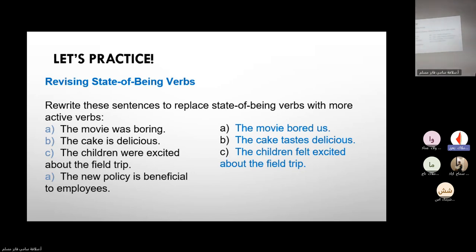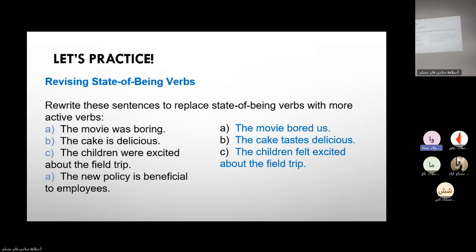Okay, the new policy restricts the employees. Yes, restricts. لا غيرت المعنى. restrict يعني بتقيد. هون هي ما بتقيد. It's beneficial. Oh, okay, sorry. Okay, ولا أعطيني جوابك.